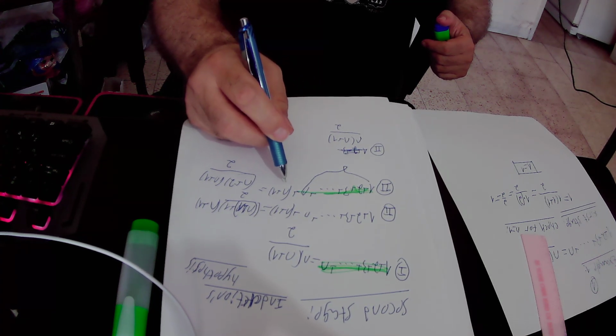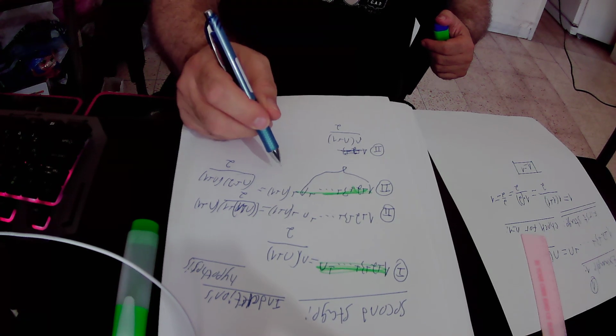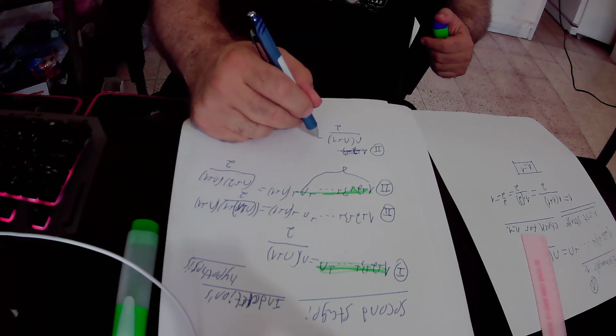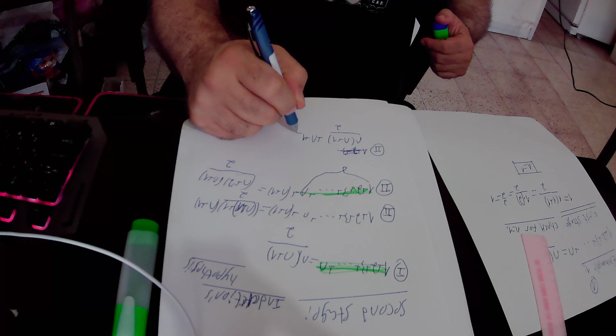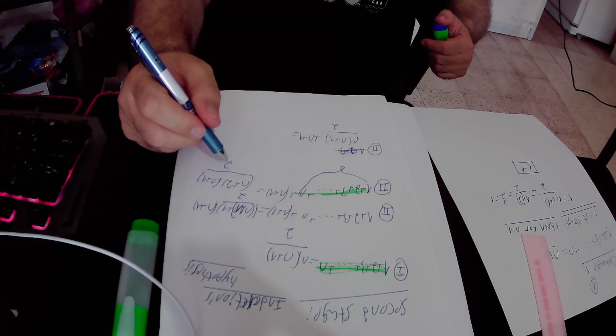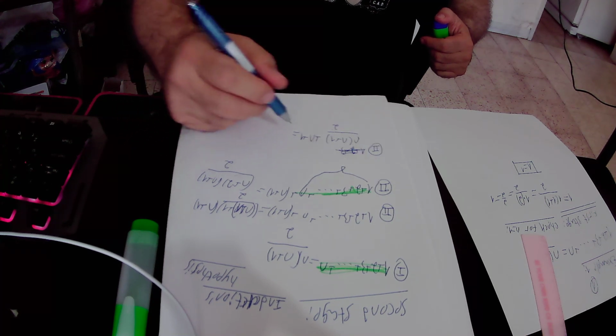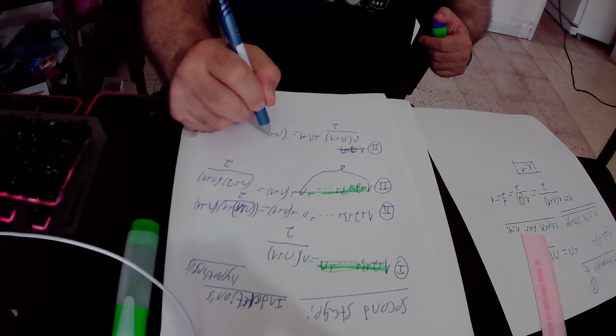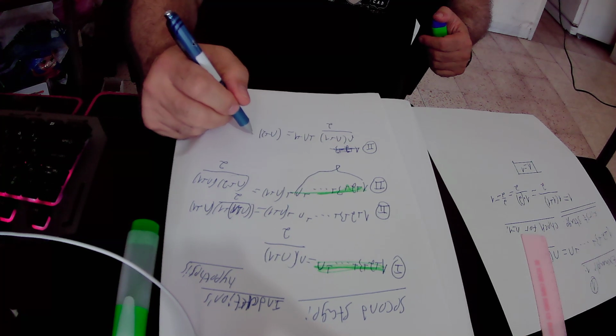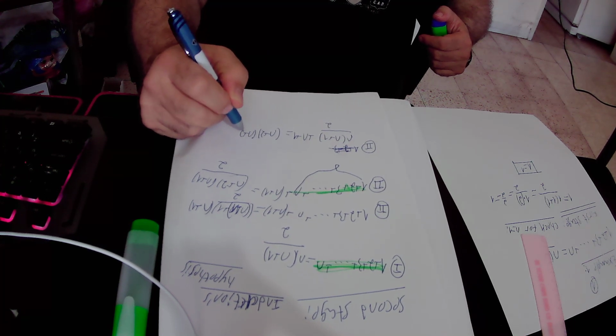Here we have n plus 1, so we will copy it as it is, equals to n plus 2 times n plus 1, all divided by 2, so we'll copy it as it is.